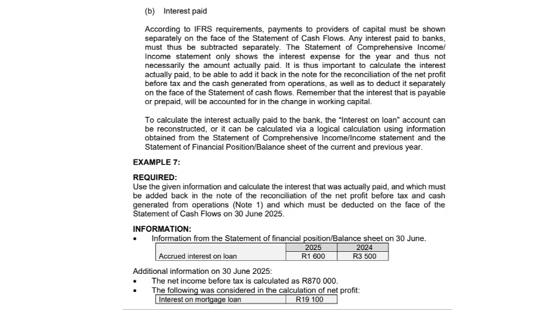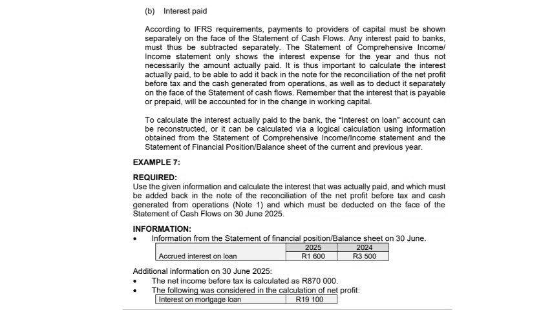Information from the statement of financial position or balance sheet on 30 June: our accrued interest on loan, 2024, 3,500 Rand, 2025, 1,600 Rand. Additional information on 30 June 2025: the net income before tax is calculated as 870,000 Rand.